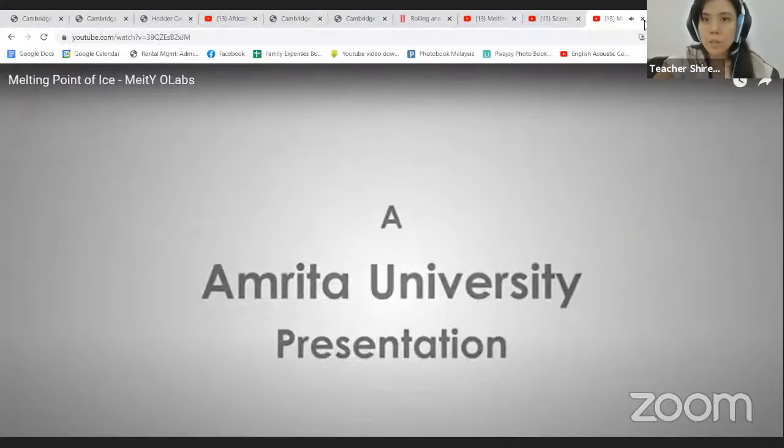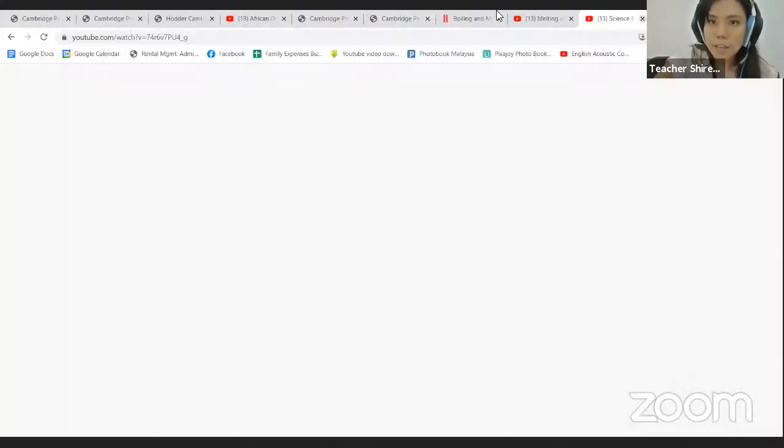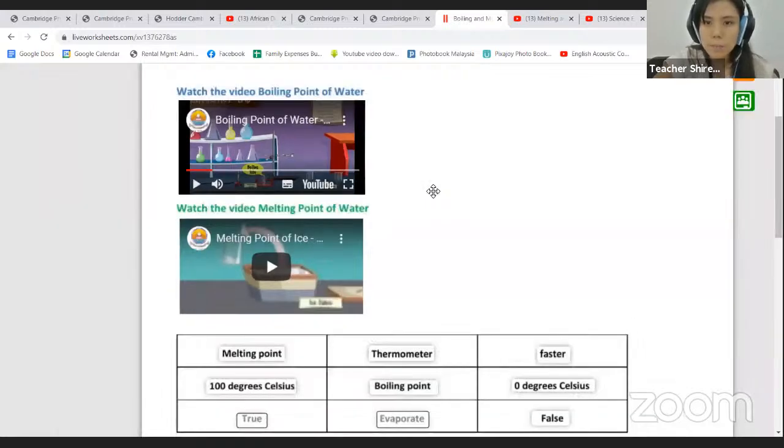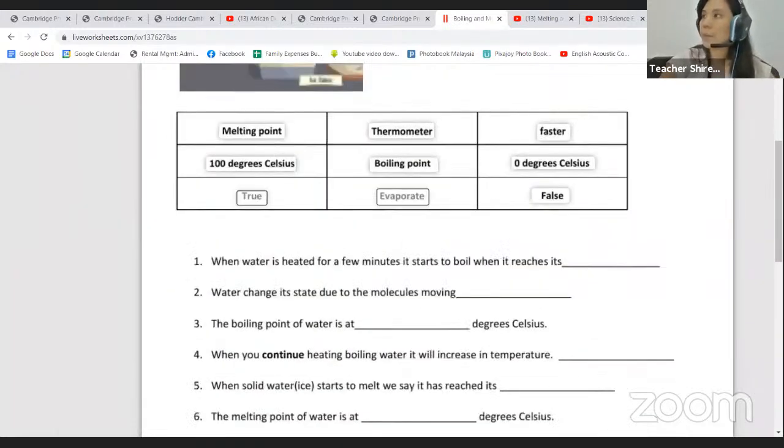Okay, so what is the melting point? Can all of you type the melting point in the chat? We know the boiling point is 100. What is the melting point?